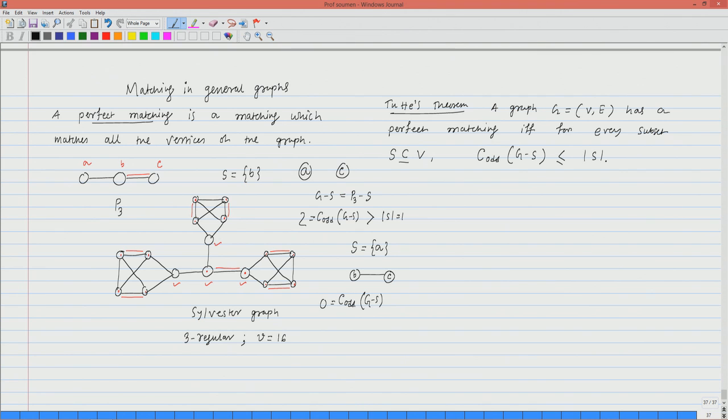So, the number of odd components is 0, which is smaller than the cardinality of S, which is equal to 1. So, for this S, of course, Tutte's condition is true, but this condition should be true for every subset. So, since this condition is not true for one subset, that is why this graph does not have a perfect matching.